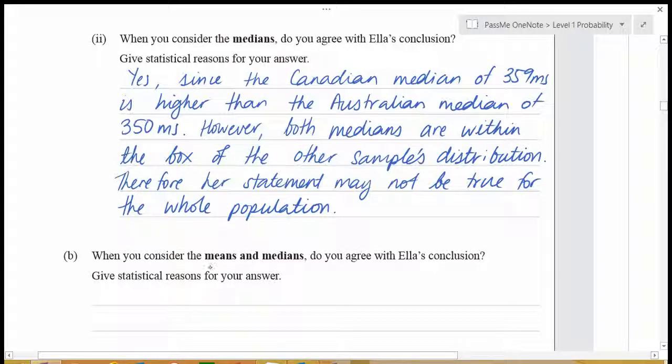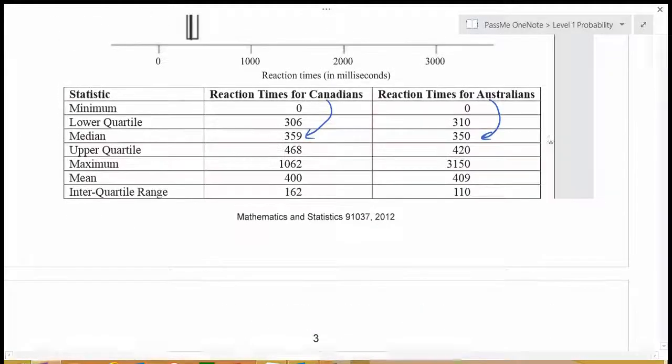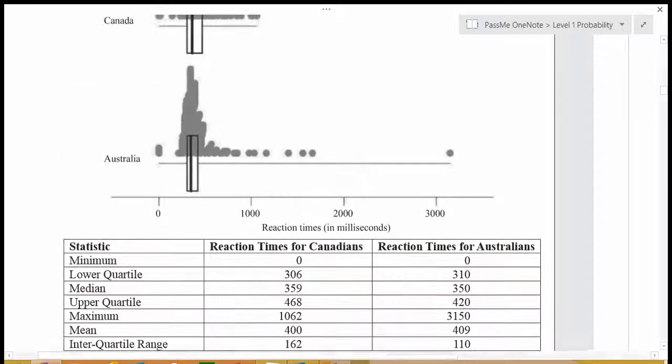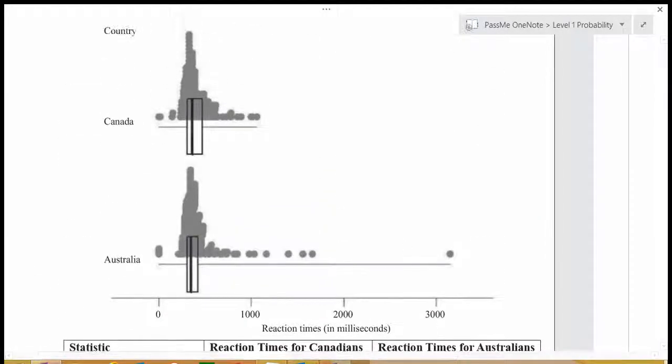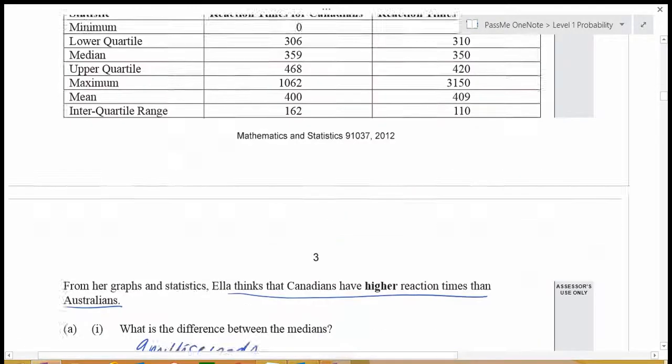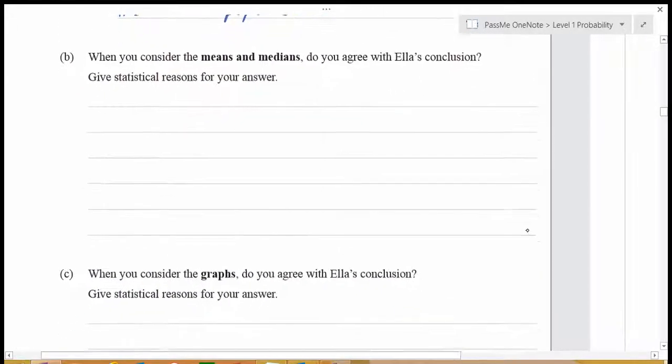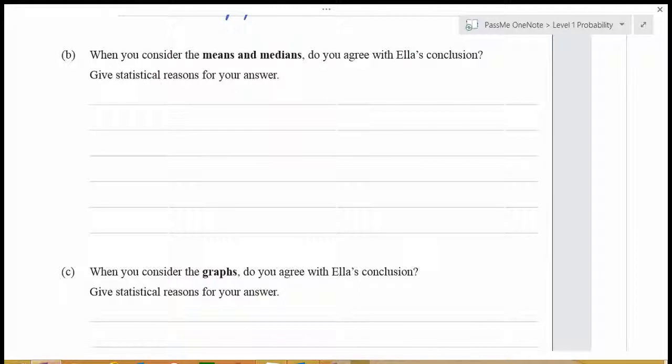Okay, so the next question is asking, when we consider the means and the medians, do you agree? Well, let's look at the means. The mean of Canadians is lower than the mean of Australians, which really conflicts with the medians. But then when we look at the data, Australians have this single outlier here, which really affects the mean. So we really want to remark on that. First of all, when we consider means and medians, do we agree?